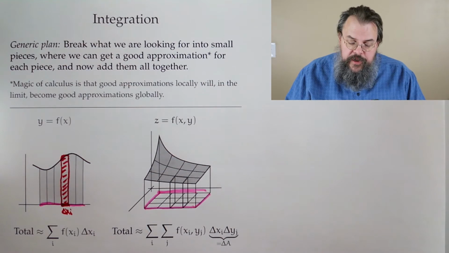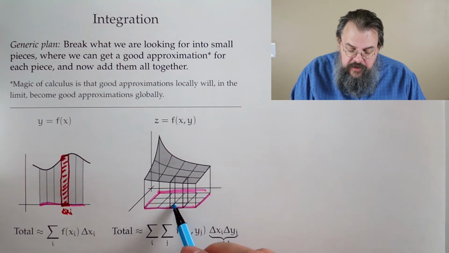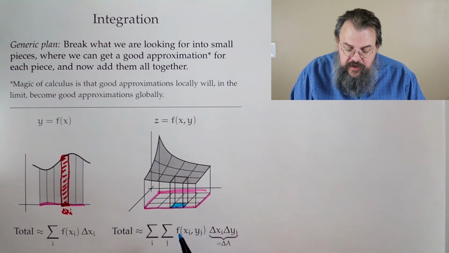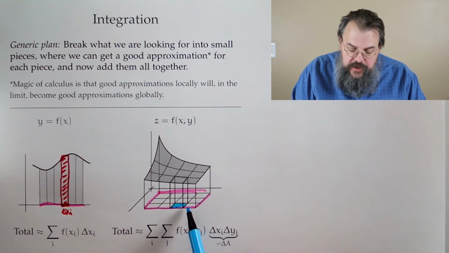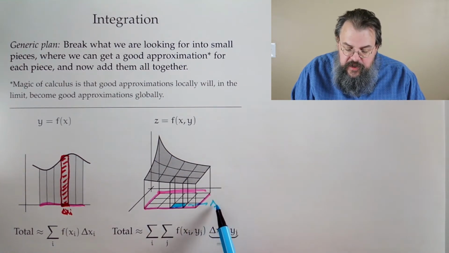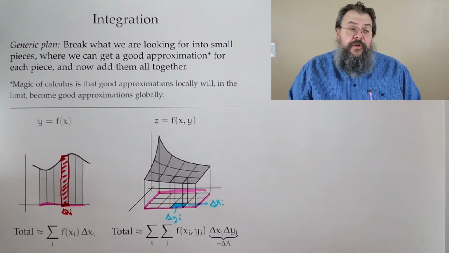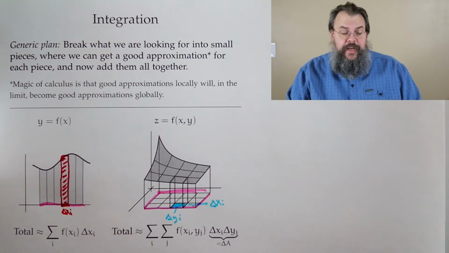So what we'll think of a typical domain piece as looking like is a little tiny rectangle, so that you have a change in your x, your delta xi, and a change in your y, delta yi. So that's the base of your rectangle.